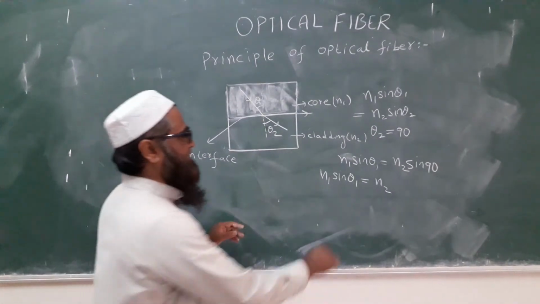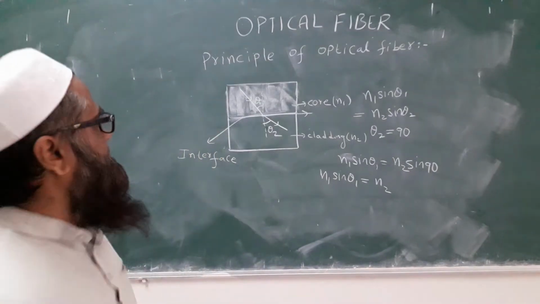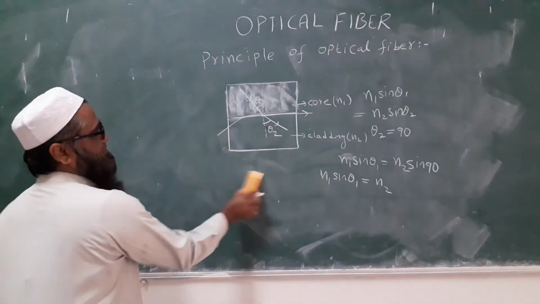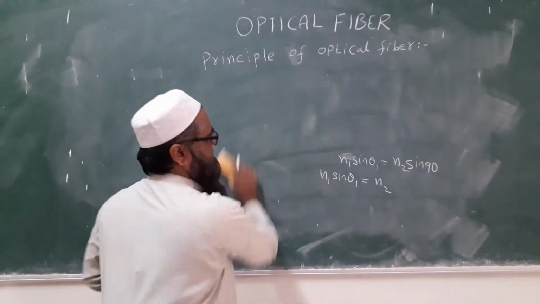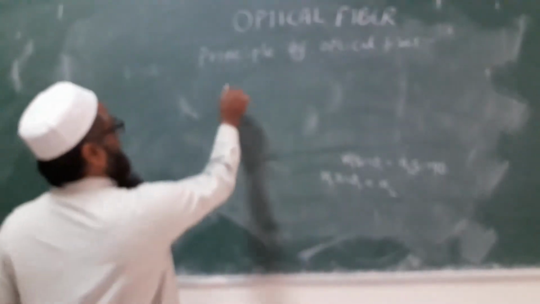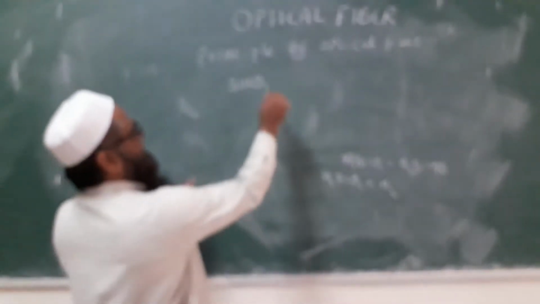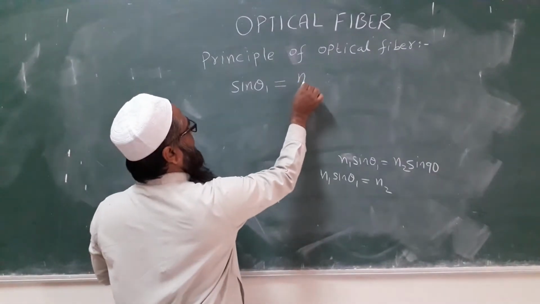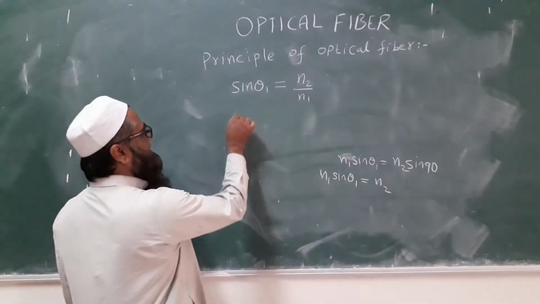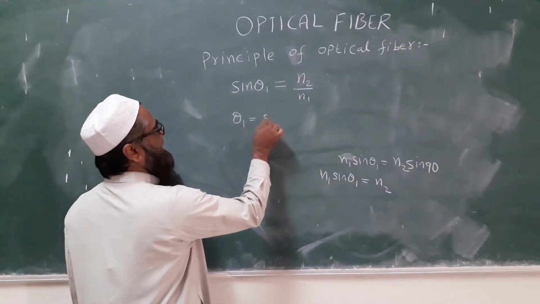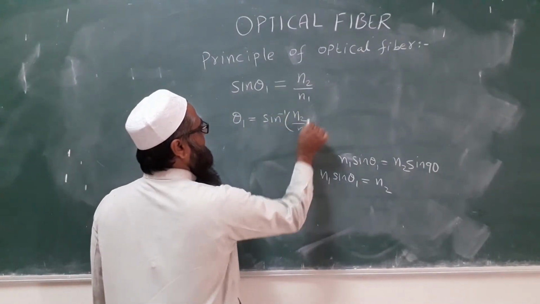Therefore, sine theta 1 is equal to n2 by n1. Theta 1 is equal to sine inverse of n2 by n1.